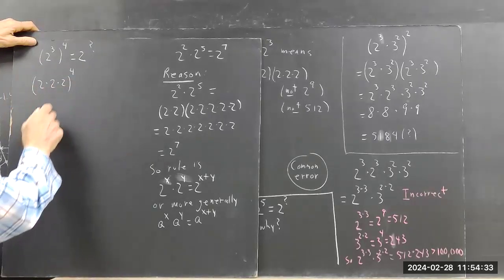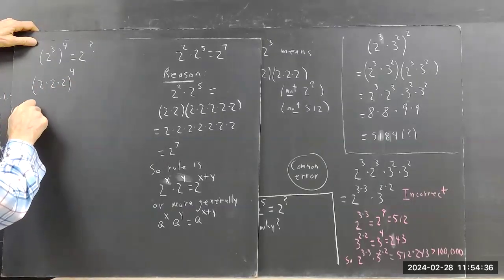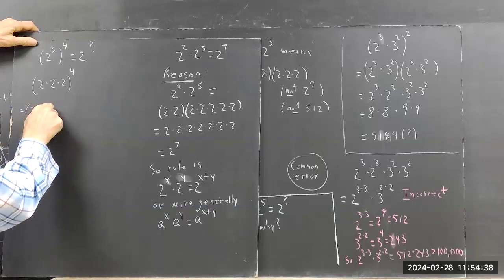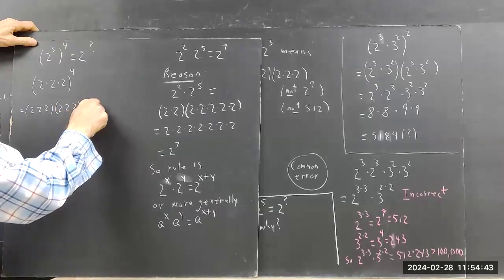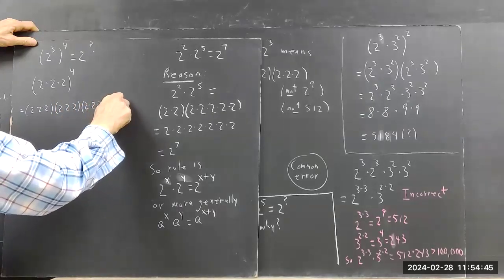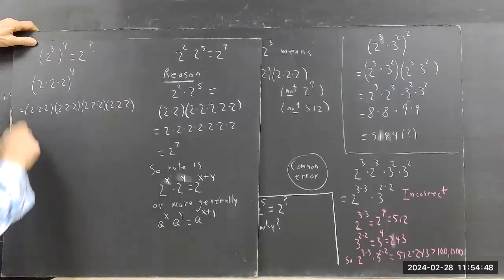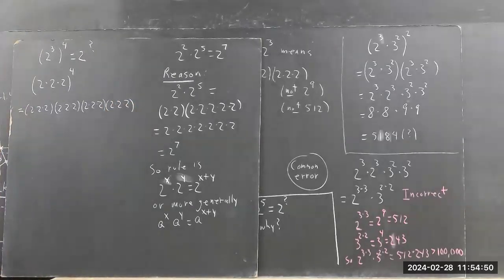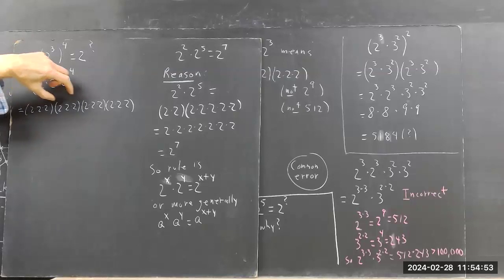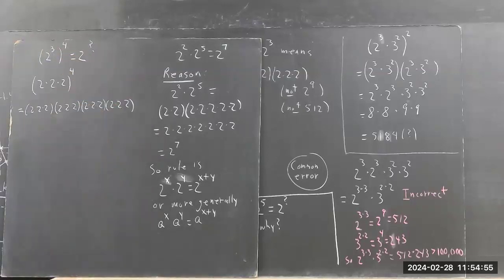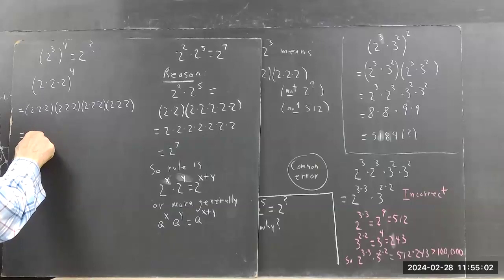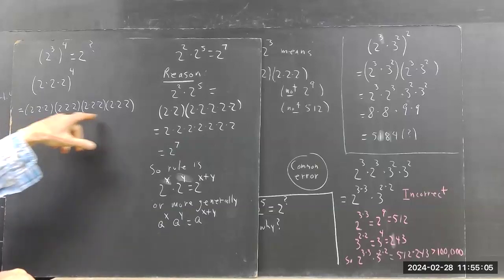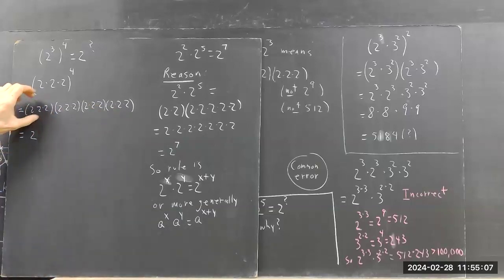This just means take this thing and multiply it by itself 4 times. And that equals 2 to what power? Well, it's 2 to the 12th power, because you've got 3 groups of 4.